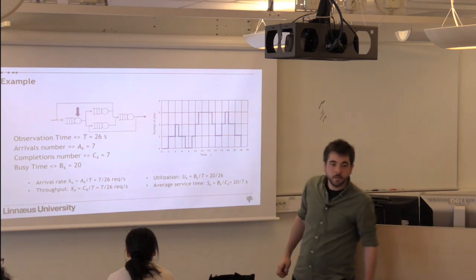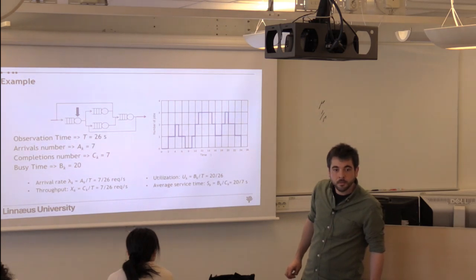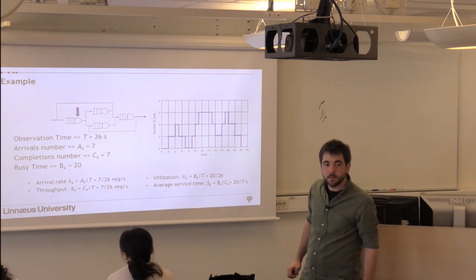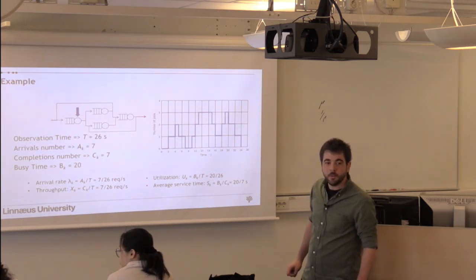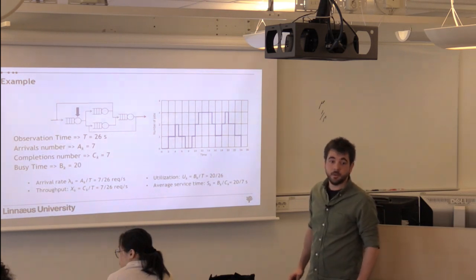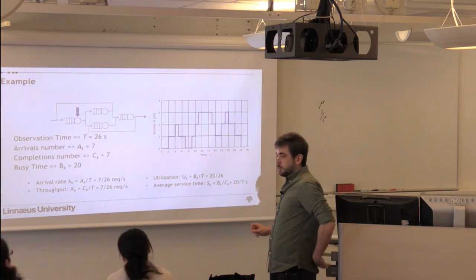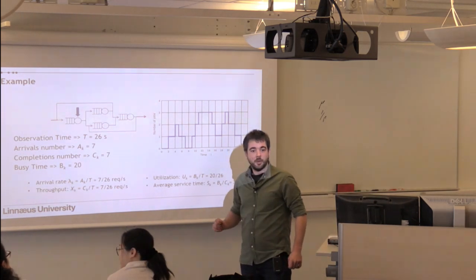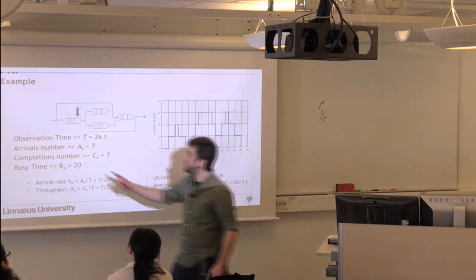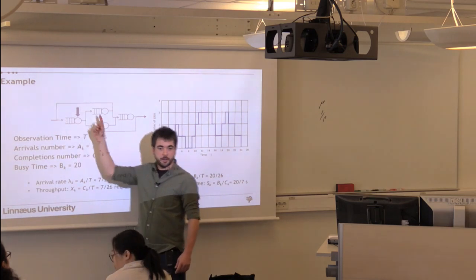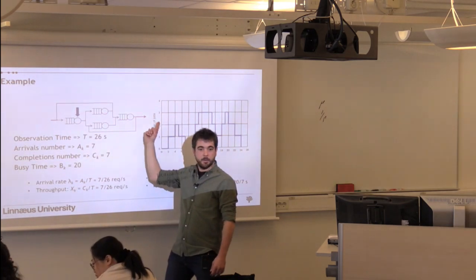It looks like the same number of arrivals and completions. Yes. In the examples we will see today and the examples you will see during this course, it will be the same, because we don't lose jobs. A job will arrive and eventually we produce it.